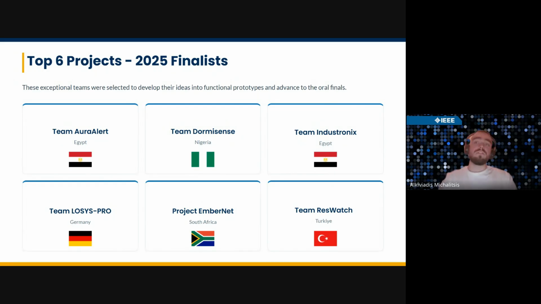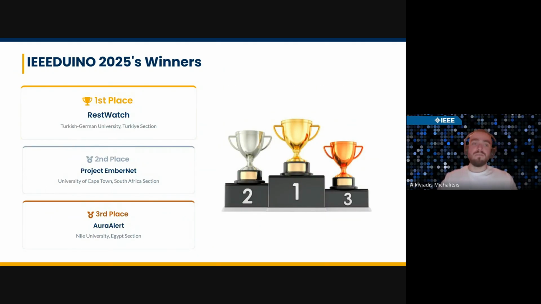The top 6 projects of 2025 were Team Aurora Alert from Egypt, Team Dormisense from Nigeria, Team Industronics from Egypt, Team Losys Pro from Germany, Project Embernet from South Africa, and Team ResWatch from Turkey. The podium: first place was ResWatch from Turkey, second place was Project Embernet from South Africa, and third place was Aurora Alert from Egypt.